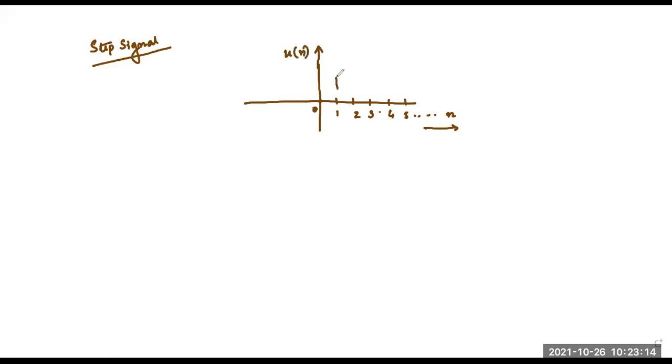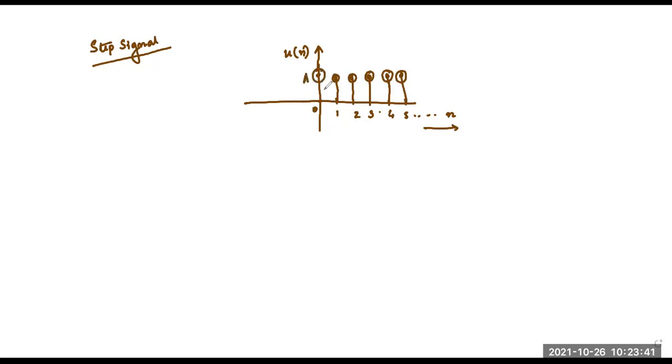It will always have the same value only for n greater than or equal to 0, that means the right hand side or the positive side of the graph. So this is n equals 0.